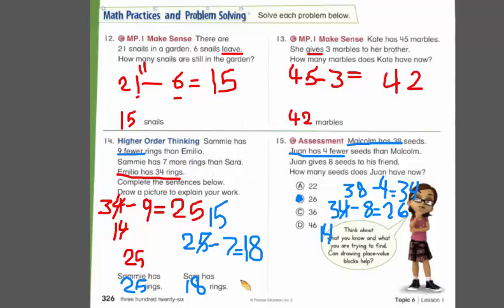So Sarah has a number plus 7 more equals 25. So Sarah has how many? Sarah has 25 minus 7 equals 18.